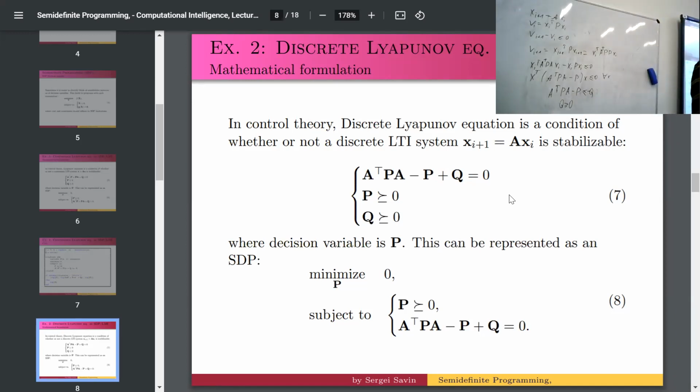Same stuff, same story. If you allow Q to be a decision variable, you can get away with what I've written in equation 7 or program 8. But program 8, I think, is incorrect. There's a mistake. Q should be a decision variable, I think, for program 8.